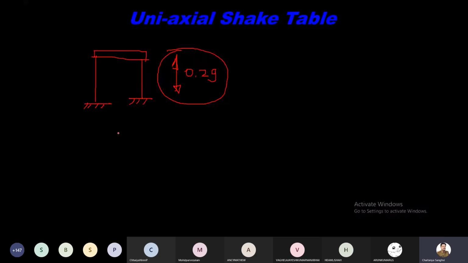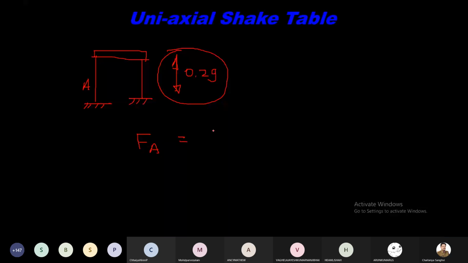So if I'm talking about the load on the column, suppose I'm talking about column A, for example, what is the load? Actually we have the gravity load on this column. What is the gravity load?